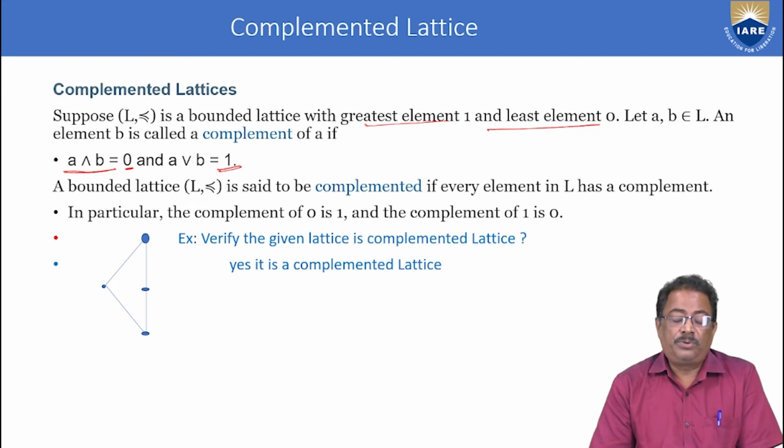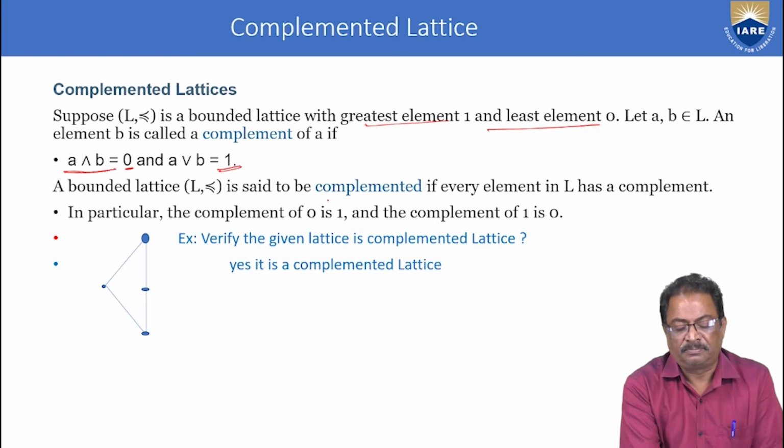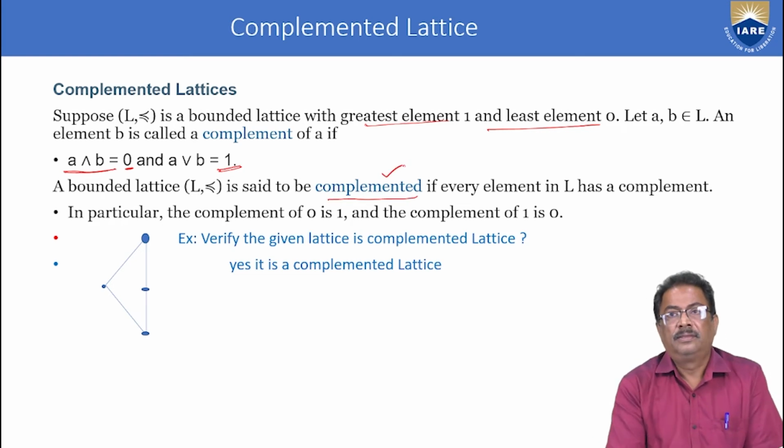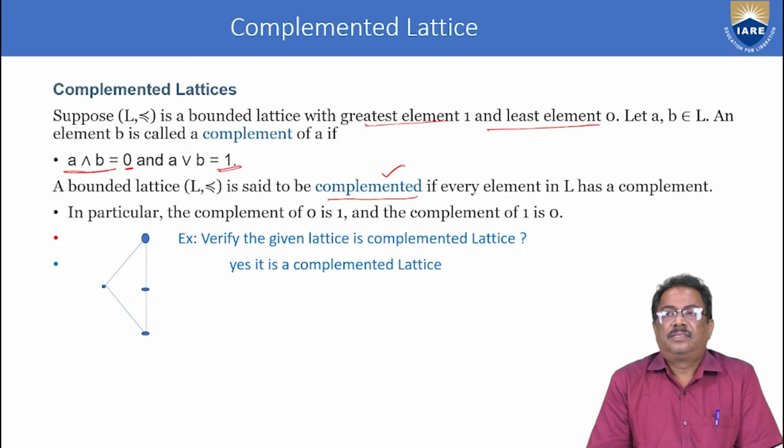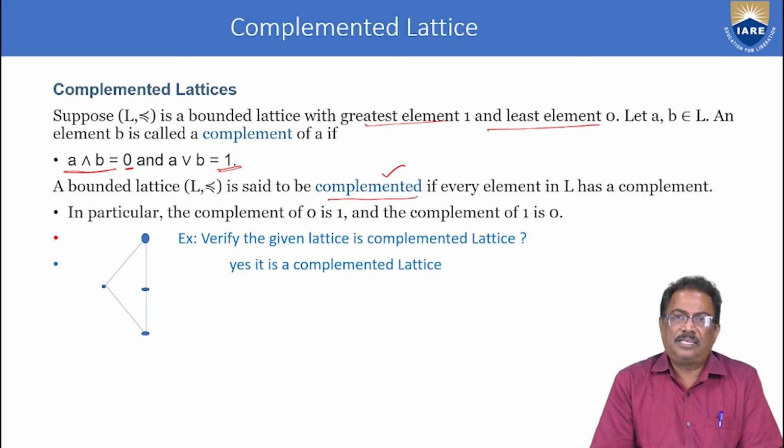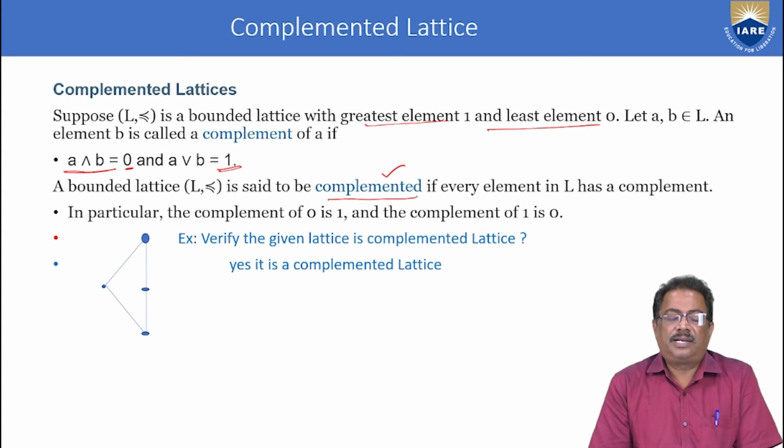Such a bounded lattice is called a complemented lattice. That means for any pair of elements, the greatest lower bound is the least element and the least upper bound is the greatest element.